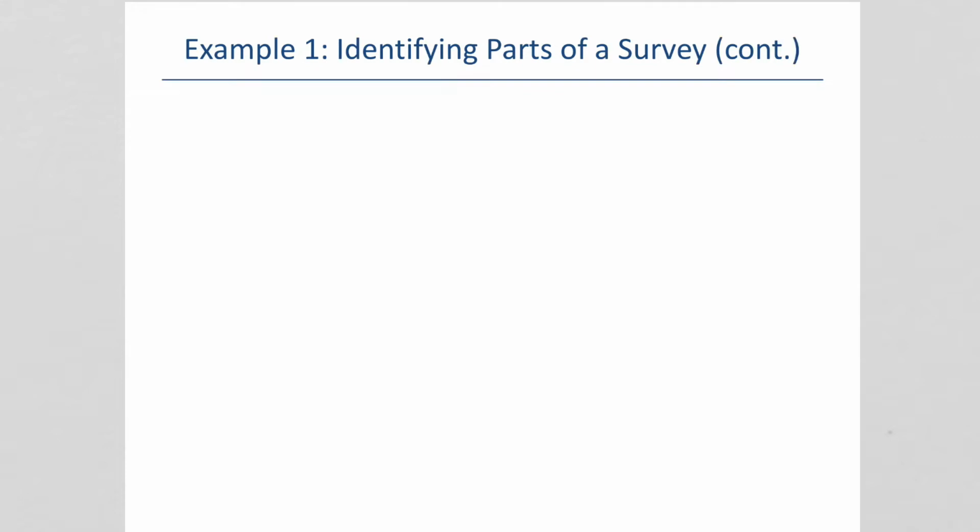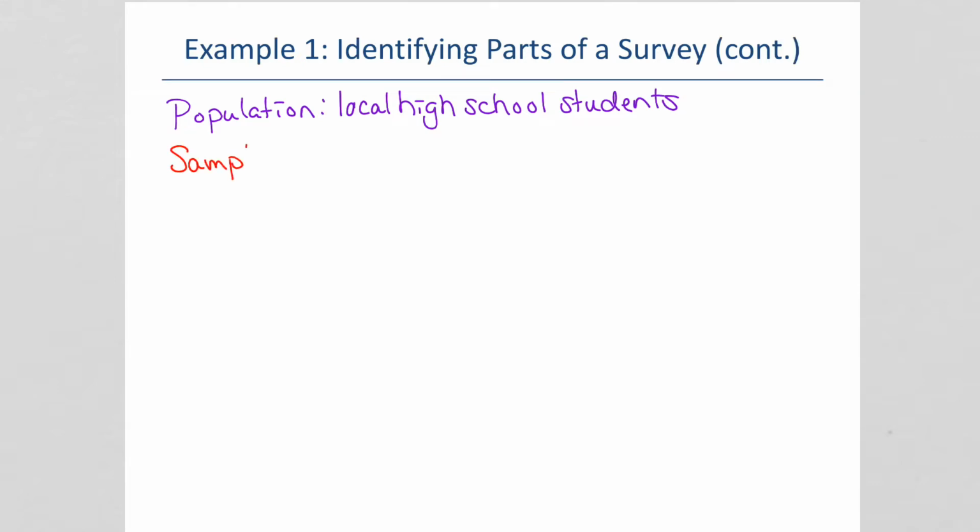So, we're going to identify each of these things. The population would be all the local high school students. The sample is just the ones surveyed, so 231 students surveyed.